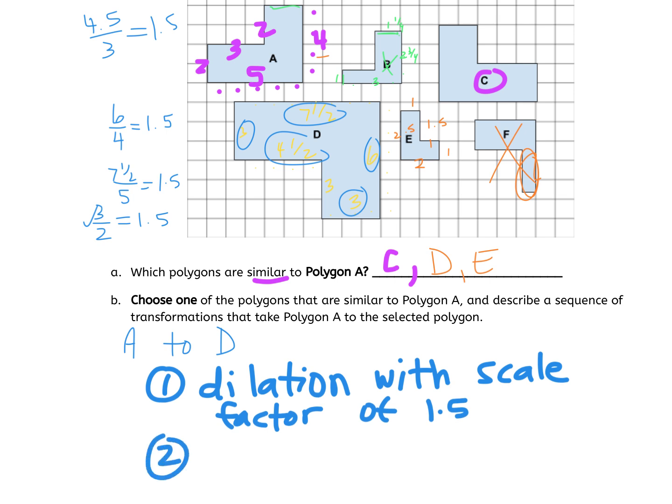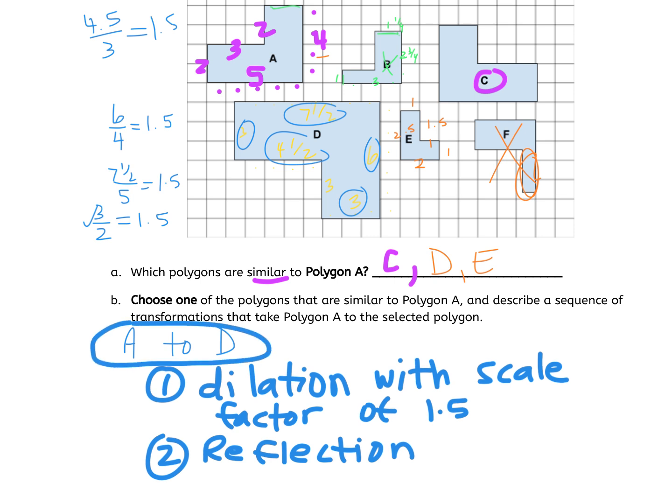And then it looks like it's flipped, so we'd have to do a reflection. And we don't really have a line of reflection, so I'm just going to leave it as that. So you decide which one. I'm just going to show you A to D, but you could also say how you got from A to C or A to E.